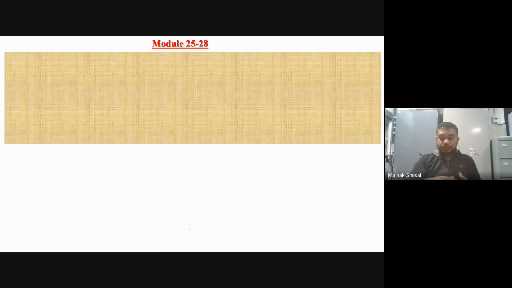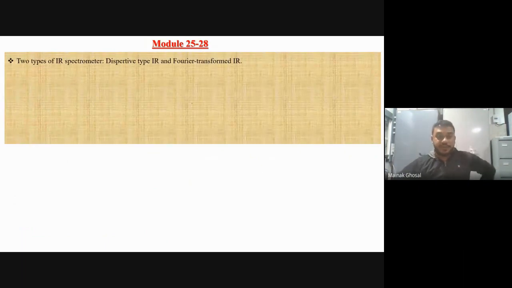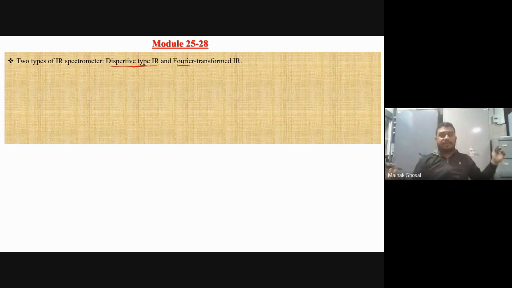Now, coming to the next discussion, the two types of IR spectrometer. Professor Shankar Raman has discussed that one is a dispersive type IR, where you have a chopper, and using this chopper, you monitor what kind of light will pass, from the reference or from the sample. The other is Fourier transform IR, which uses Michelson's interferometer.